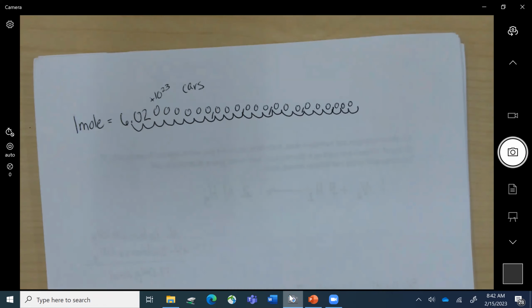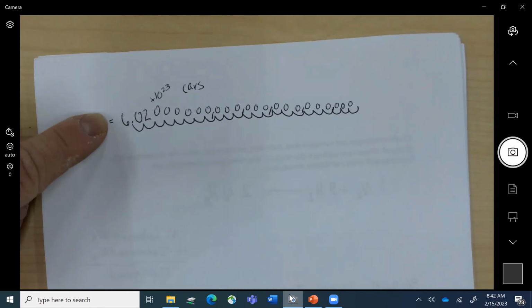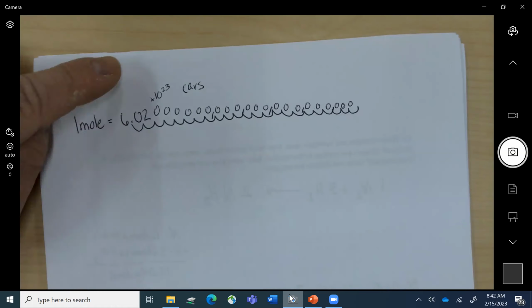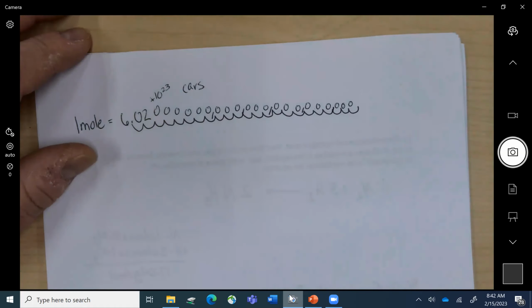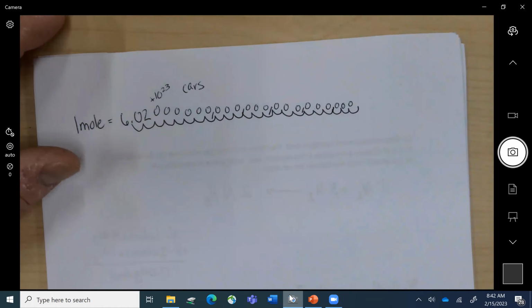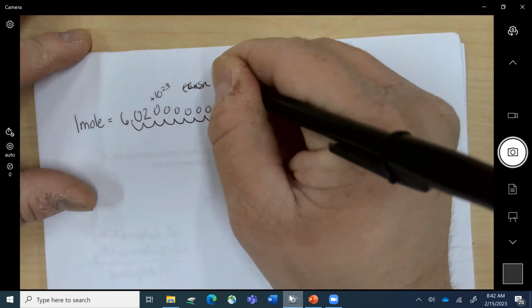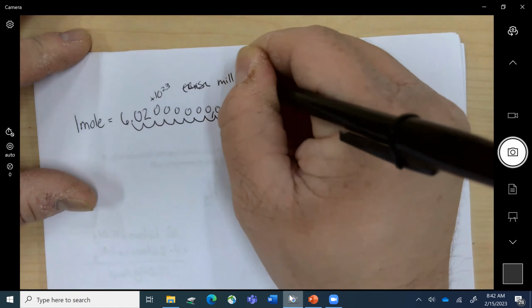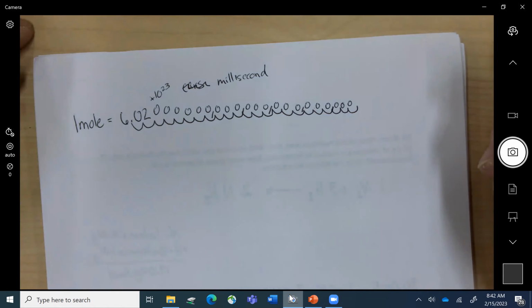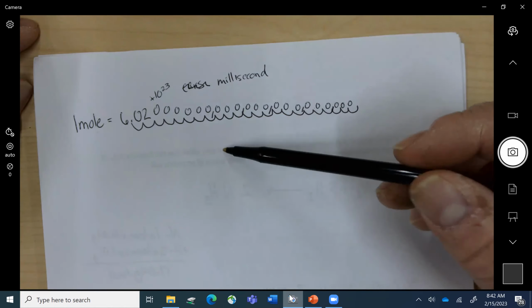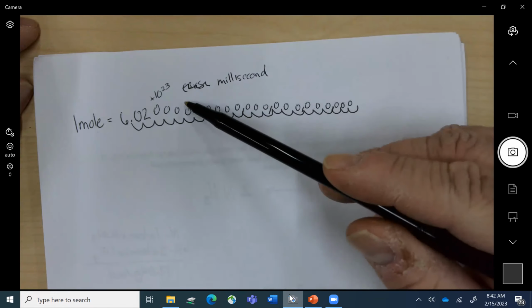But the 6.02 times 10 to the 23rd can be used in reference to anything. You could be measuring cars, inches, milliseconds for all I care. It doesn't matter, because you could probably get that in a lifetime, maybe. But my point is 1 mole equals 6.02 times 10 to the 23rd.